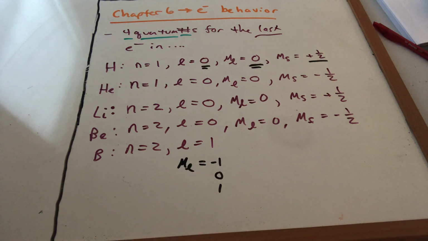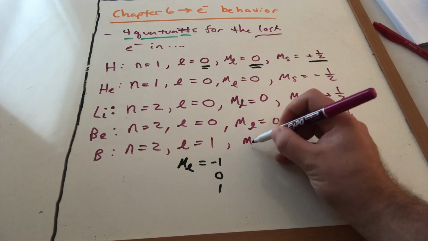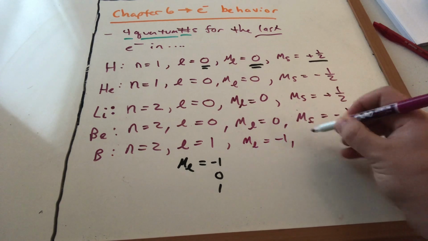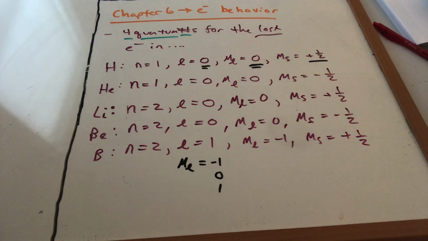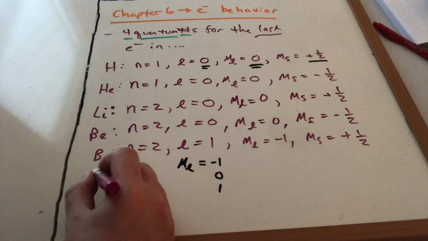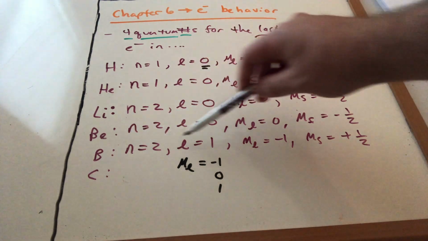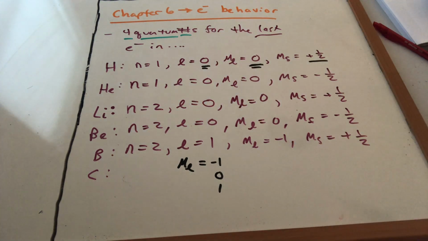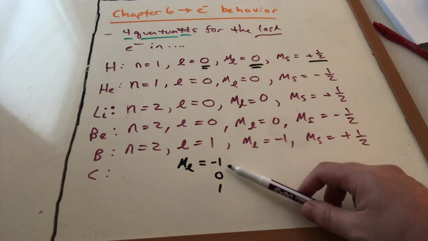Okay, so here's where Hund's rule comes into play because I'm going to start filling with the M sub L equals -1. This is the first electron in there, so the M sub S is going to be plus 1/2. When I go on to carbon now, you might say, well, based off our logic from before, there's still room in this -1 orbital, but are there multiple orbitals of that shape?